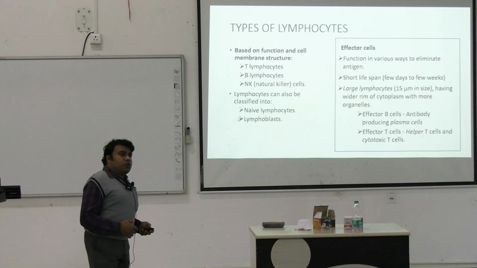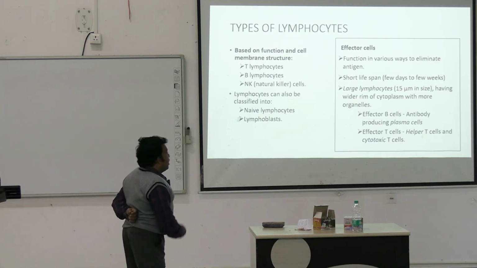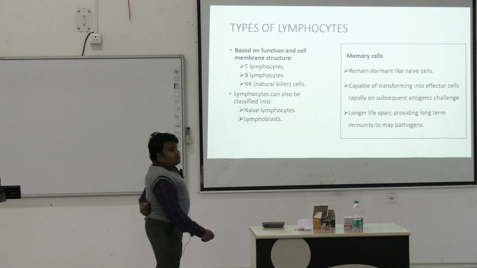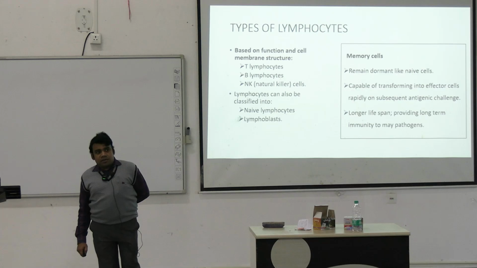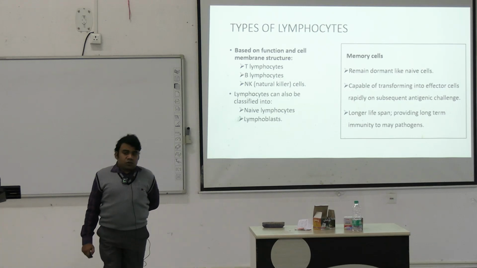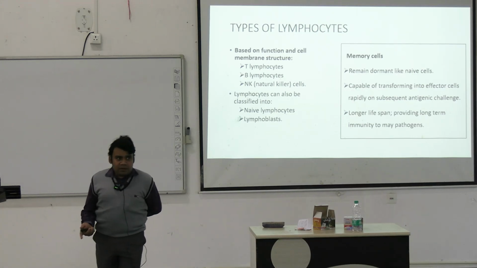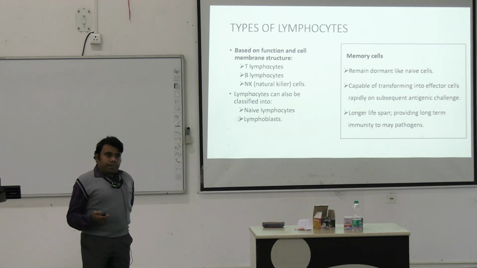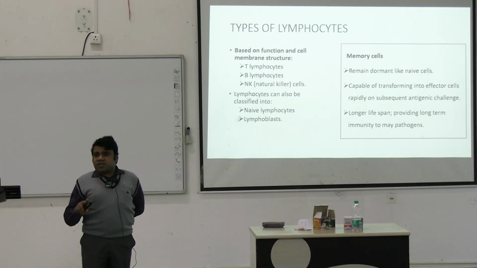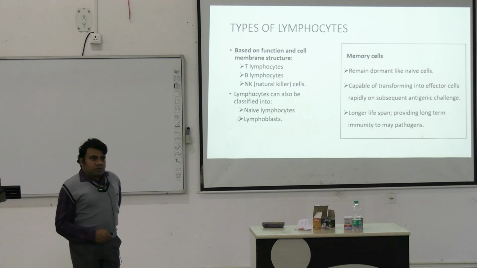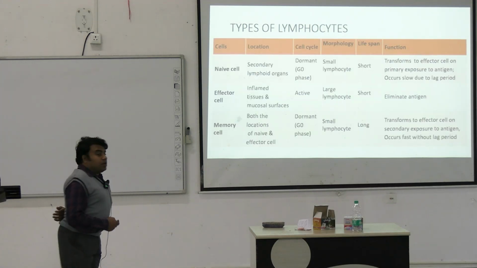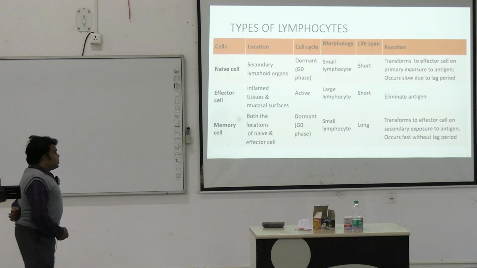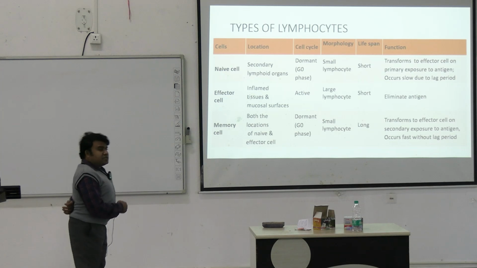If it is a T cell, it will produce cytotoxicity. The other it can form is a memory cell, which is the dormant form. So when the infection occurs again, it can start the immune reaction more rapidly. Understood? This is based on the morphology. So if we have to differentiate, we have the naive B cell, effector cells, and memory cells.